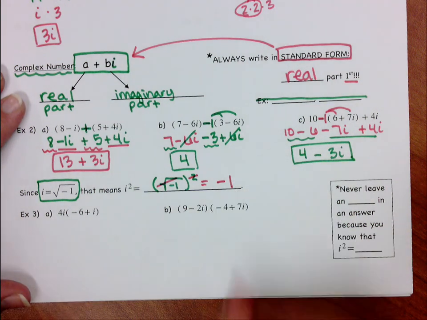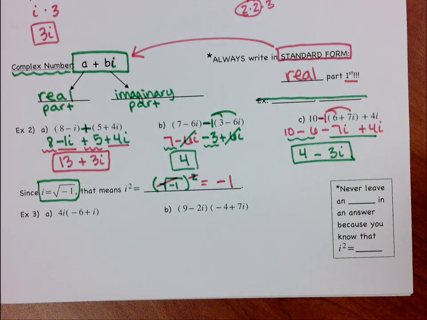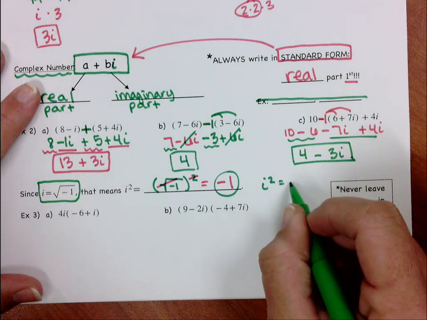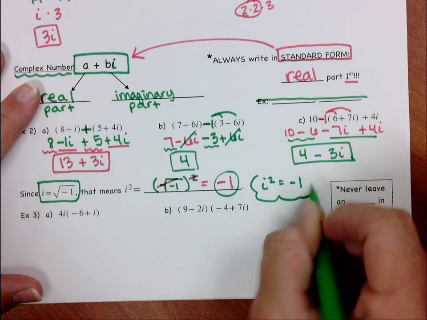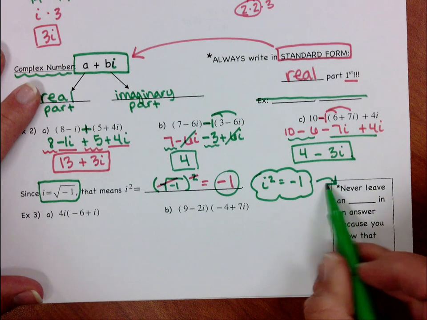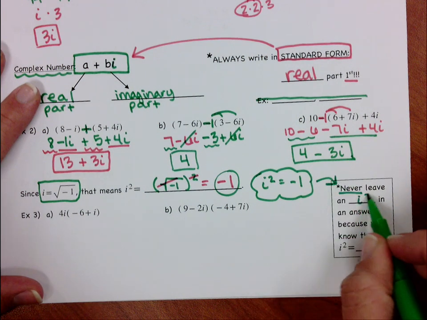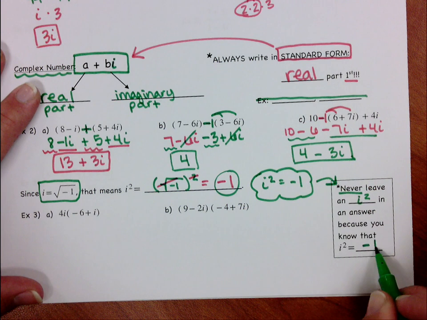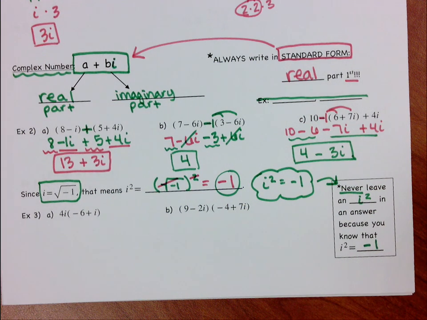And so i squared is just negative 1. i squared equals negative 1. You're going to want to remember that. Therefore, we never leave an i squared in an answer because you now know that i squared is really just negative 1. You can leave an i, but not an i squared.